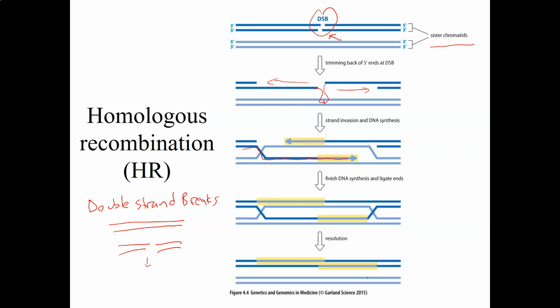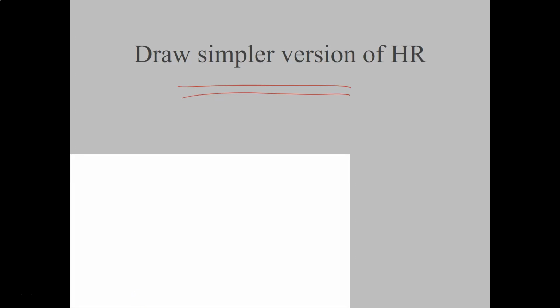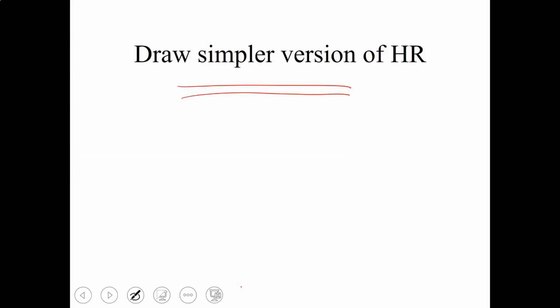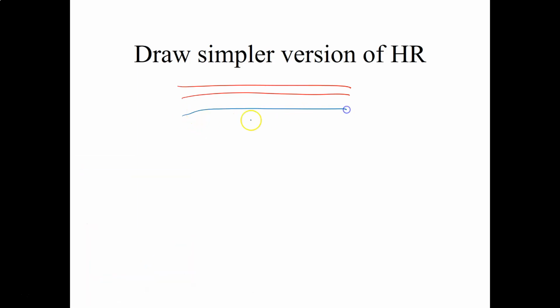It's very similar to what happens during crossing over in DNA recombination, but we're gonna keep it even simpler than that. So we've got our original DNA. We're going to get a different pen color. We've got a sister chromatid.